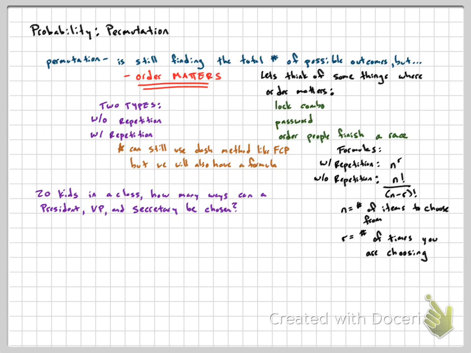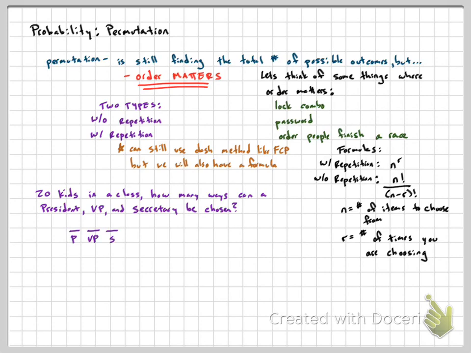So everybody has equal odds of being any of those three things, but the odds change when you pick one person to be president. So let's just say we're going to pick the president first. Now, if we were using the dash method, we have to pick 3 offices. That means we are choosing 3 times. President, vice president, secretary.